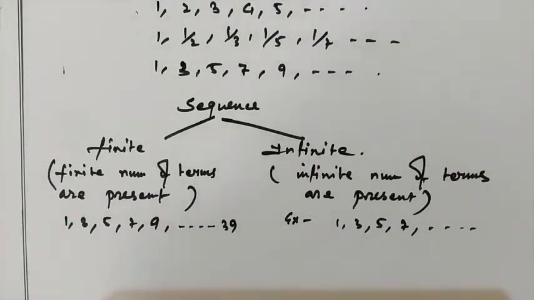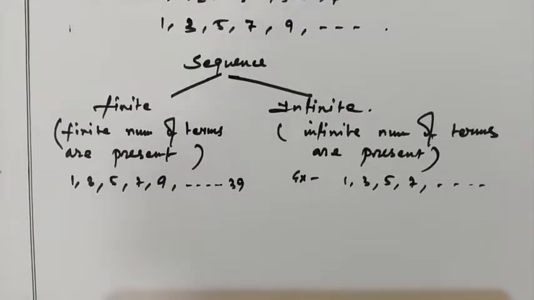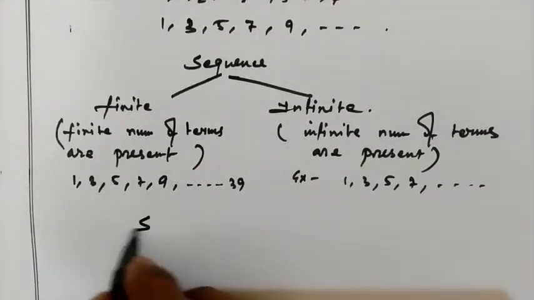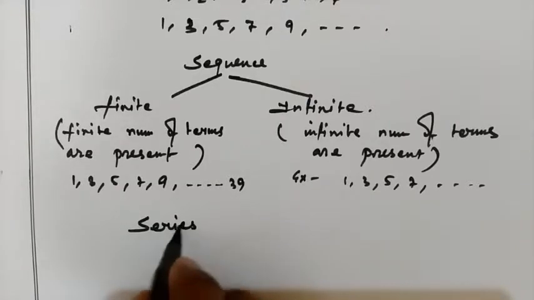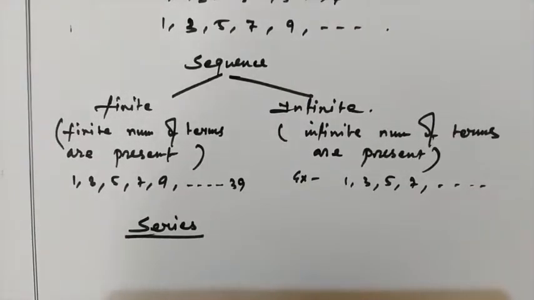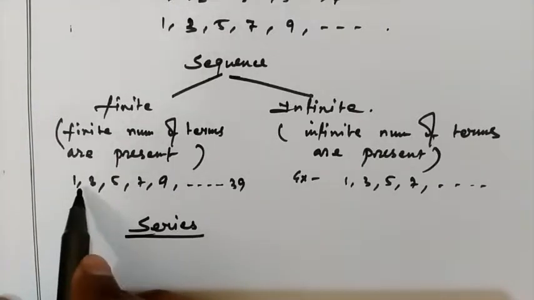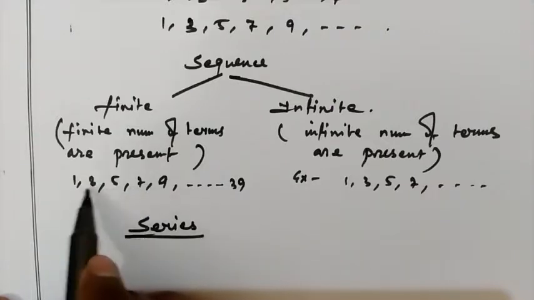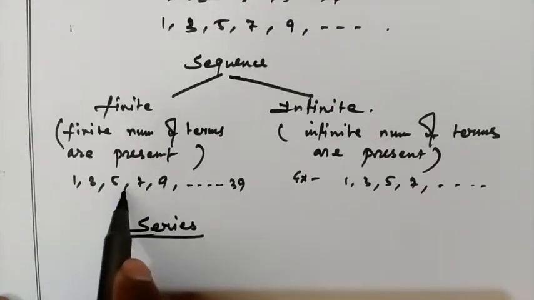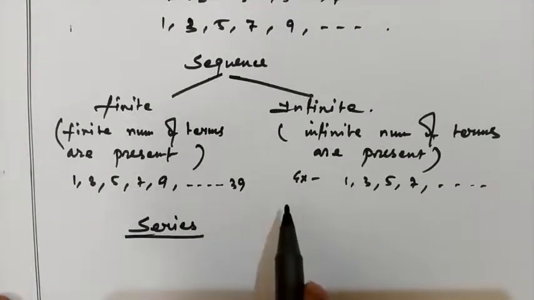So now what is series? We have studied sequence. Now what is series? In a sequence, terms are given: the first term, second term, third term, fourth term. In this way terms are given.